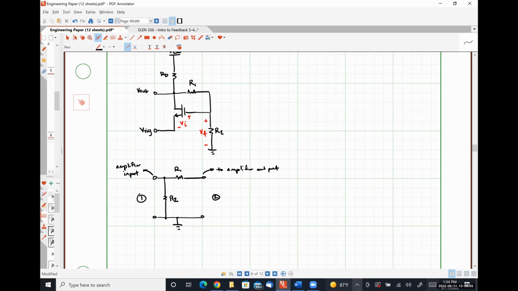Is it clear how I have defined my feedback network from an input-output port perspective based on how it's connected to the circuit, right? Resistor R1 links the output voltage to the input of the open loop amplifier. And then we also have this other contribution to the feedback network that is placed between R1 and ground.